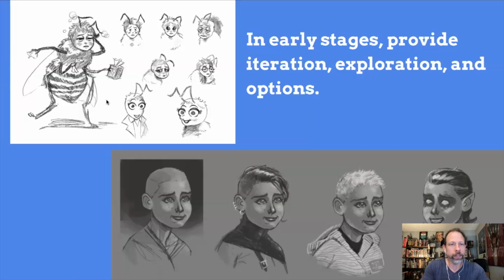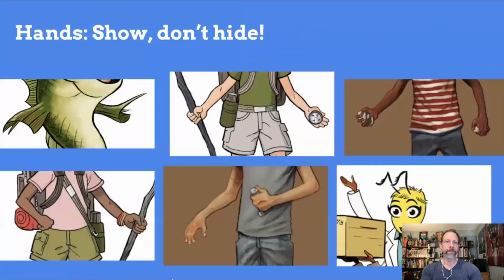In addition to this pose for this sick bee, I did multiple heads to show the expression could be like this, as well as developing a bee pharmacist for this project. Here's another example of doing multiple iterations of what a character would look like with different hairstyles, as an alien. At those early stages, that's perfectly fine.